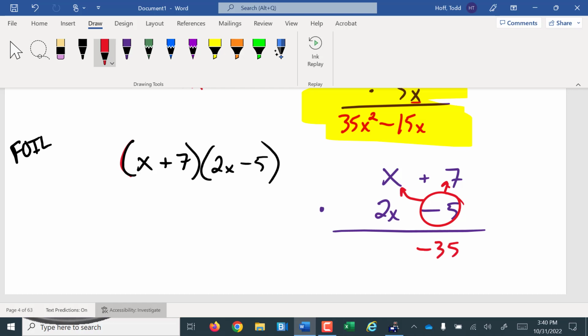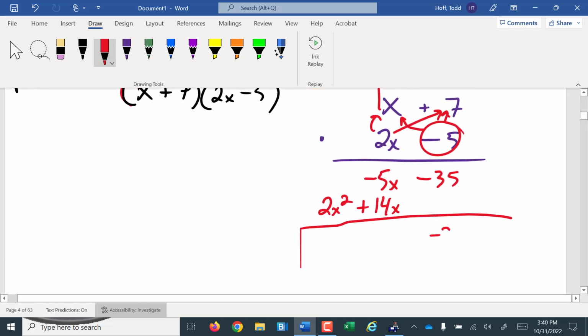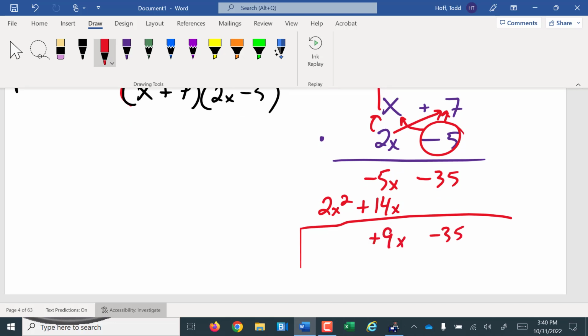Negative 5 times x, think of that as a 1x, that's just negative 5x. 2x times 7, positive 14x. And 2x times x, 2x squared. Then we add. We got negative 35. Negative 5 and positive 14 is a positive 9x and 2x squared. That looks just like multiplying whole numbers.